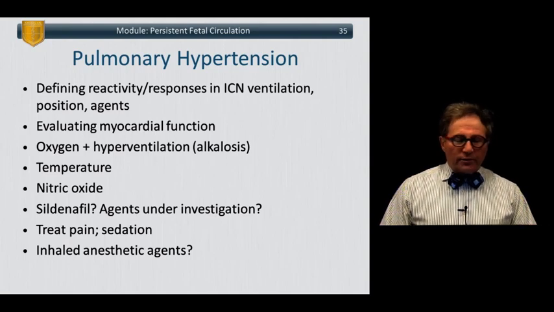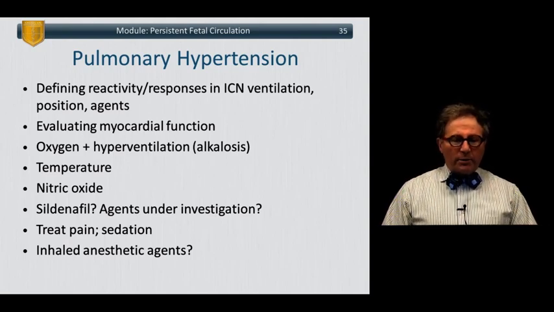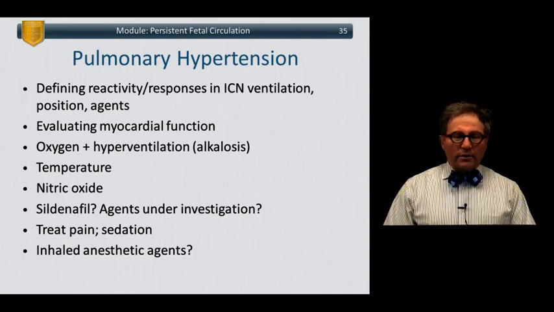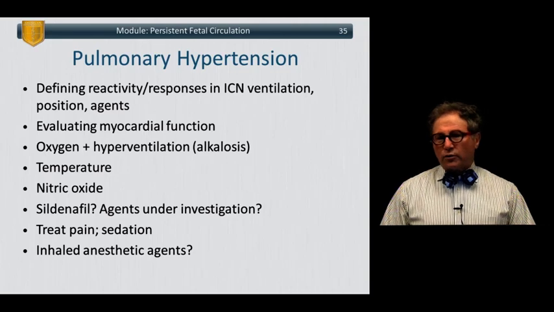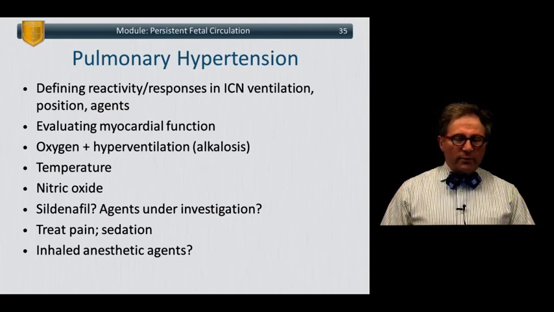There are a number of situations where pulmonary hypertension is diagnosed, dependent in part on the position of the child, what drugs have been administered, and the type of ventilation that's being used.